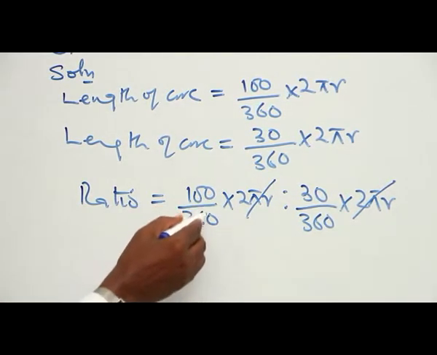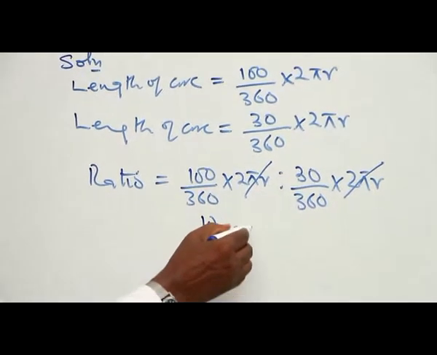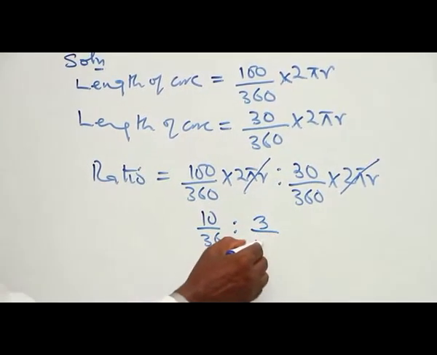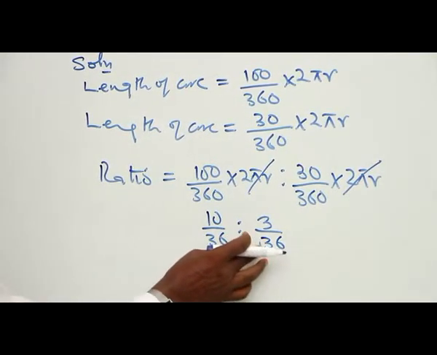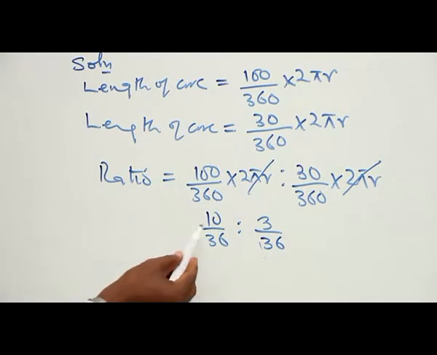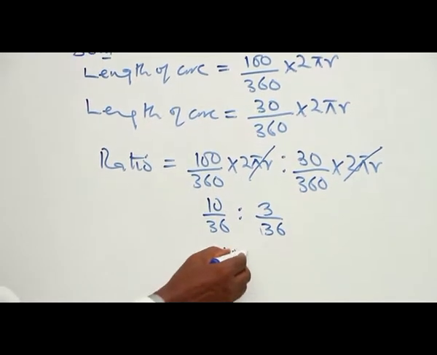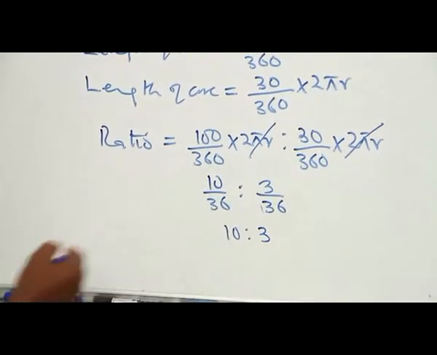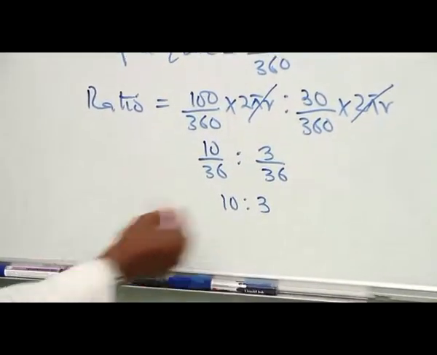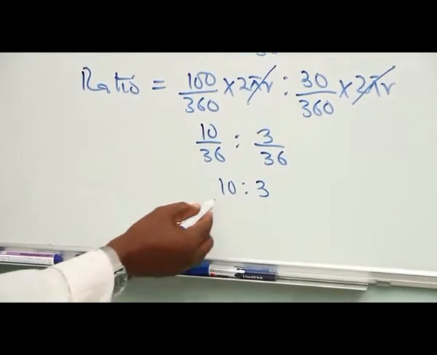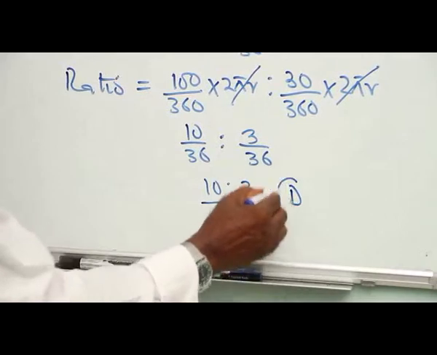So we now have here 10 over 36 to 3 over 36. Now let's simplify this further. This will give you ratio 10 to 3, as 36 can divide 36 on both sides. 36 will cancel 36 if you carry out a division. And then you have ratio 10 to 3. And option D is the correct one.